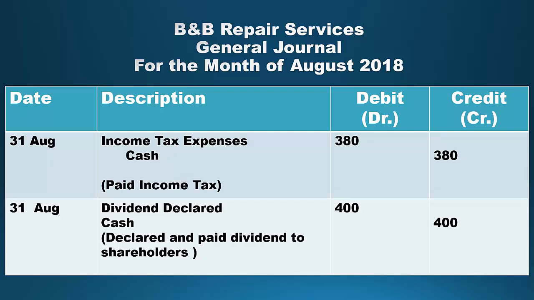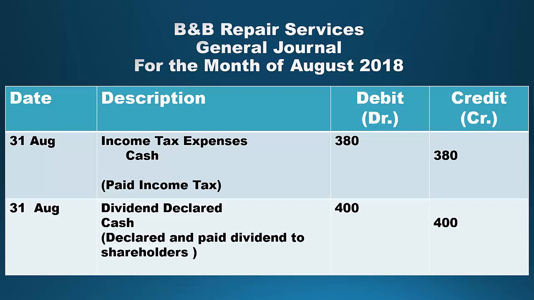August 31st, paying income taxes and declaring dividends. Step 1. Review the journal entry. On August 31, the company made 2 separate payments. 1. Paid $380 in income taxes. 2. Declared and paid $400 in dividends to shareholders.